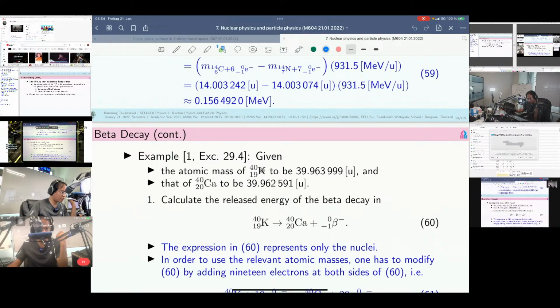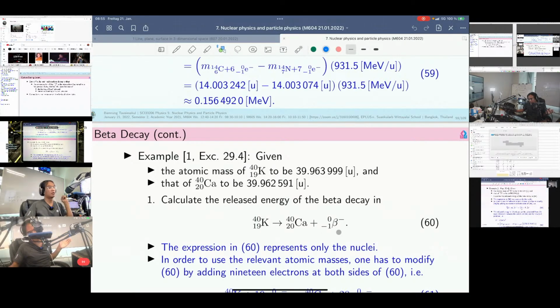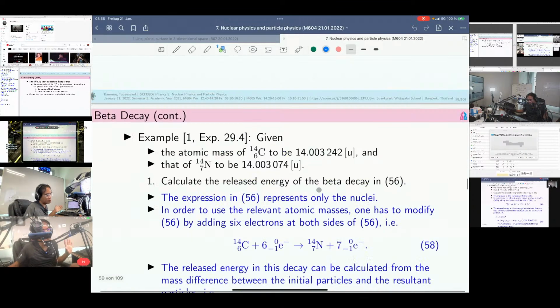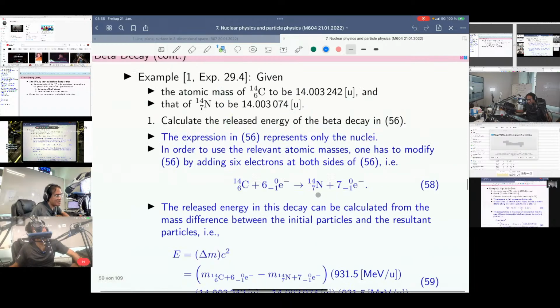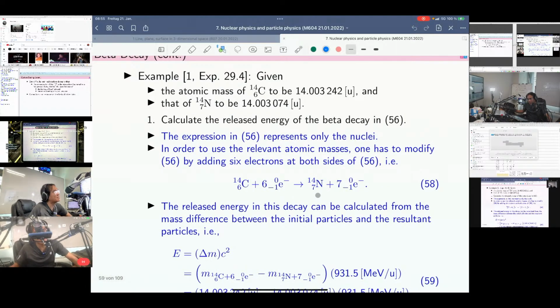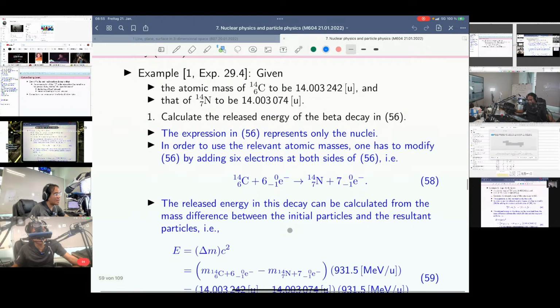So one neutron from the potassium is converted to a proton, and of course during this conversion, the neutron will emit an electron. But I would say these two problems are actually still incorrect because we will talk about one missing detail later. But we go ahead with that.